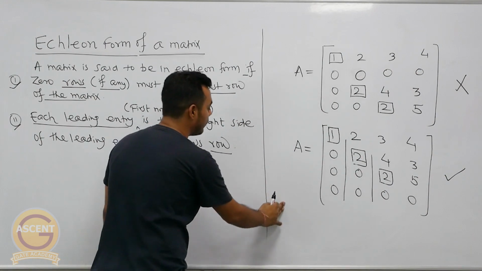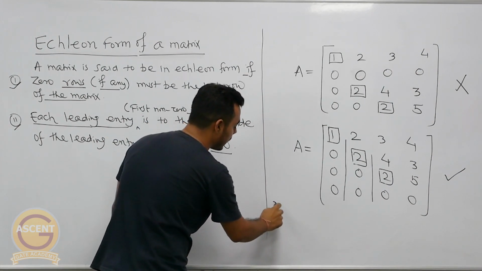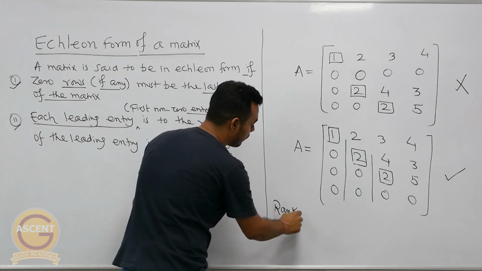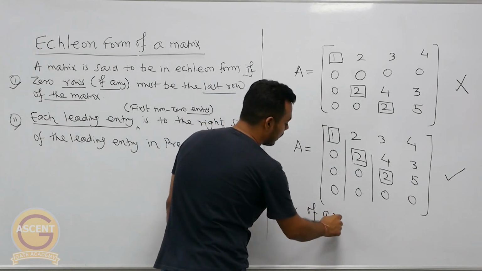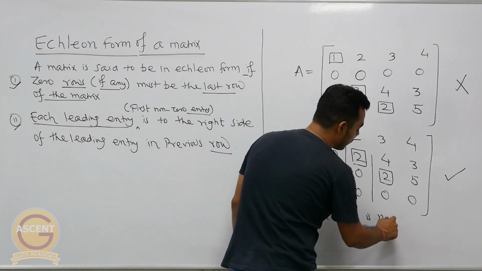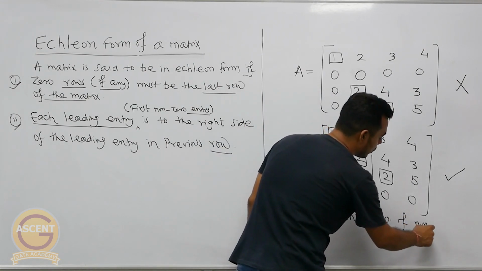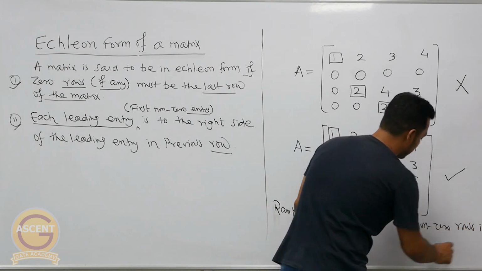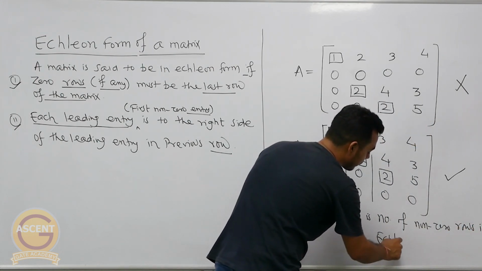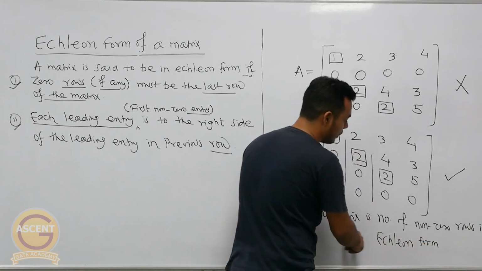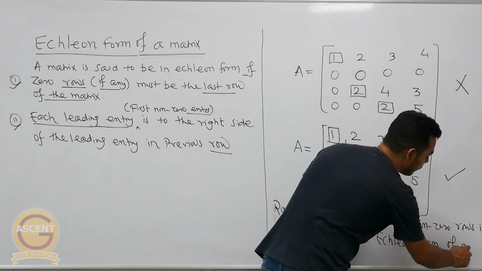Now next we have to learn second definition of rank of matrix. The definition is, rank of a matrix is number of non-zero rows in echelon form of a matrix.